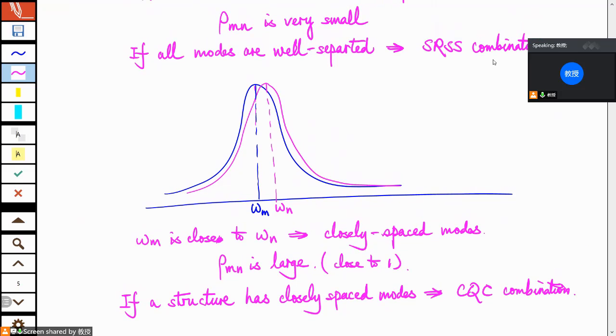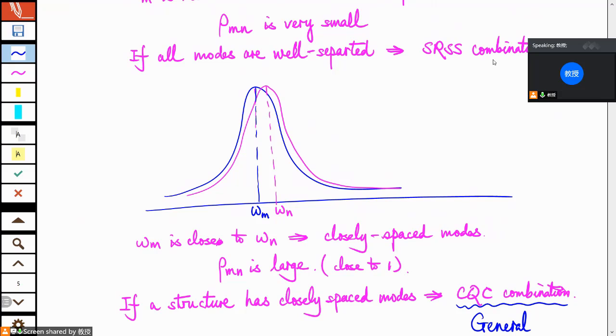Okay, so in general, you can always use CQC combination. And this is a general case. Only when all the modes are well separated, CQC is reduced to SRSS.